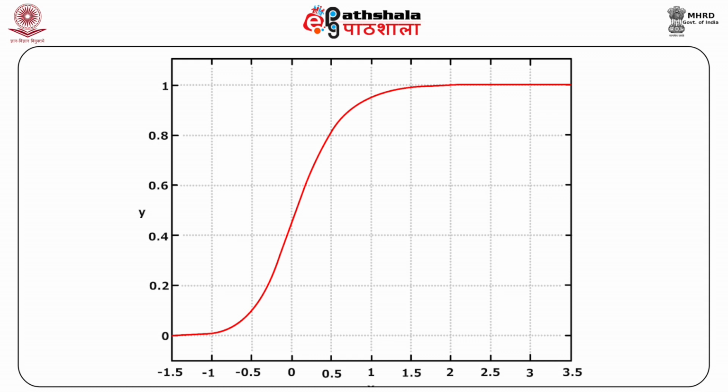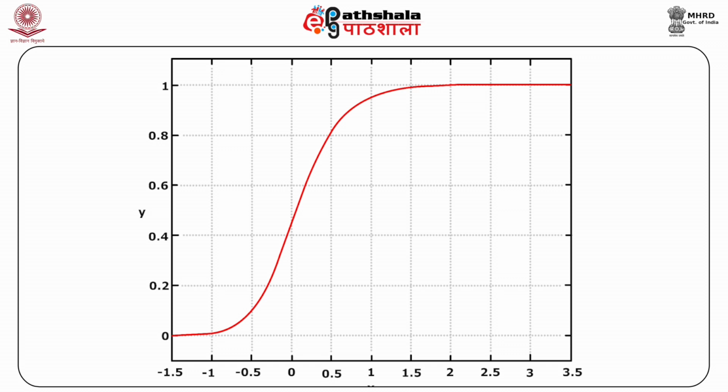When x takes the value 0, the height of the function, which is y, is around 0.4, and thereafter it rapidly rises so that when x becomes 1, the function is almost at its maximum height, and the height never exceeds 1.